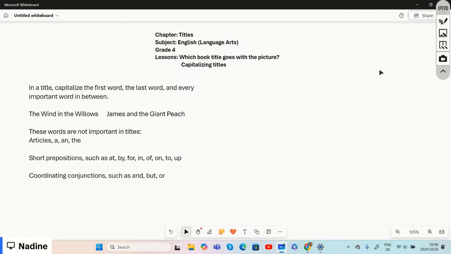All right. So when it comes to titles, let's say, for example, you have a book title. When we write titles, let's say you were to write a review on a specific book, and now you need to write down the title of the book. Then it means that you need to capitalize certain words within the title.